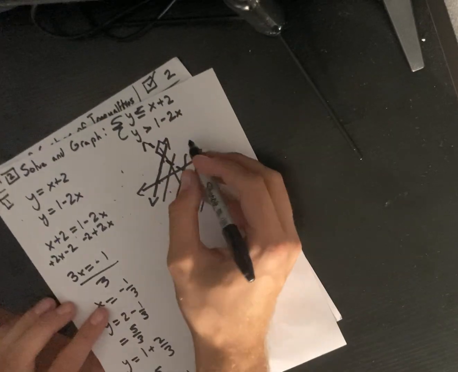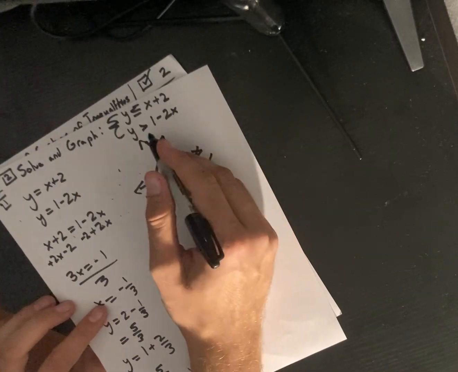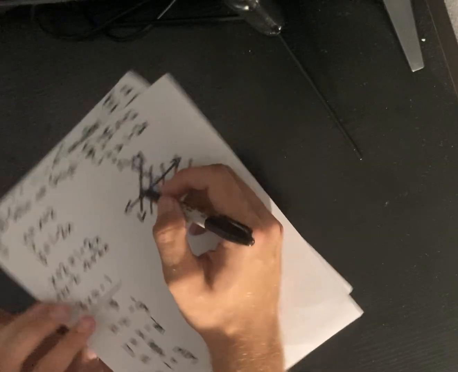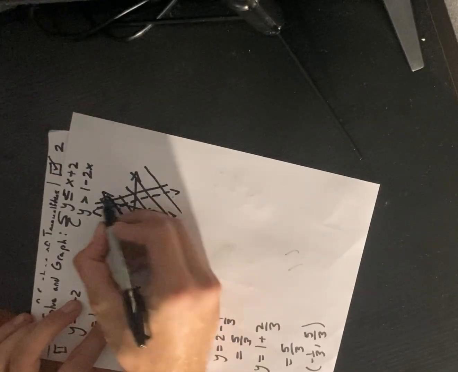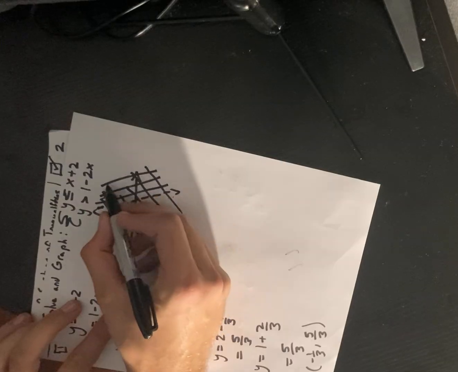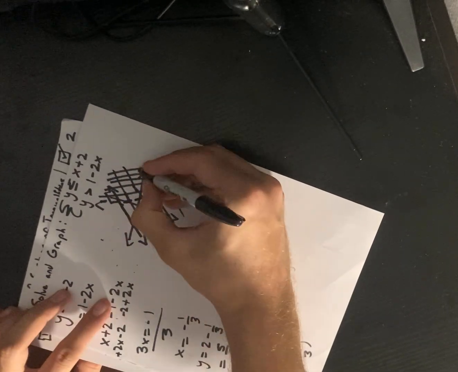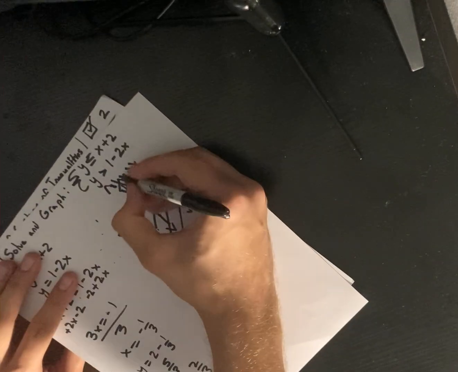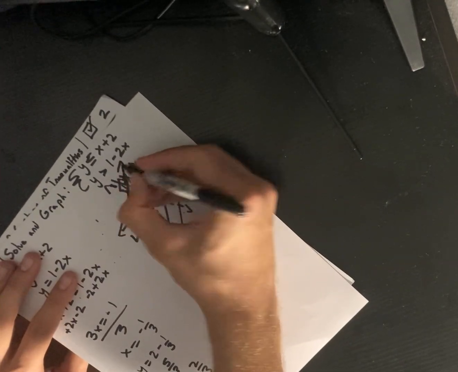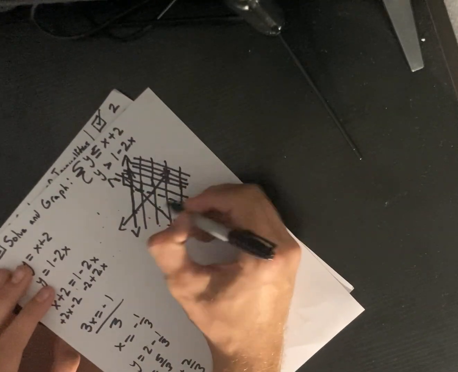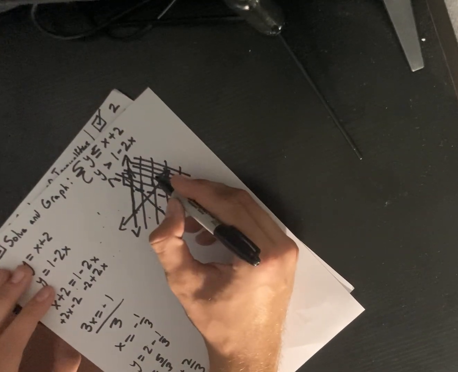And so it is now greater than this. So we graph like so, and we can see the intersection of these lines is on this right side. We can expand out the lines if need be to see that our solution is somewhere in here.